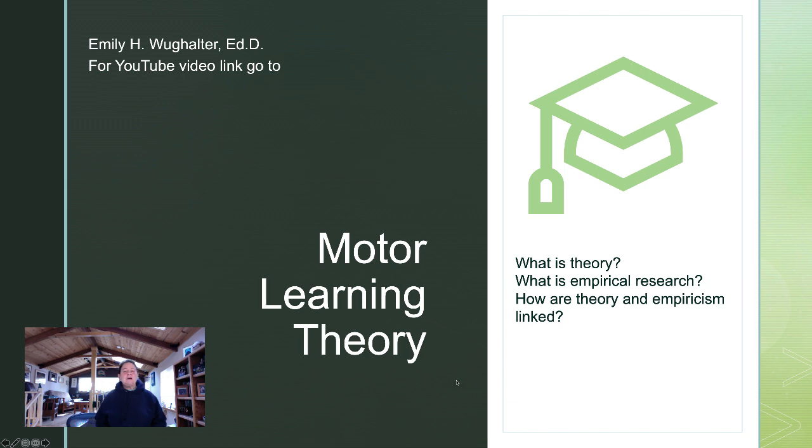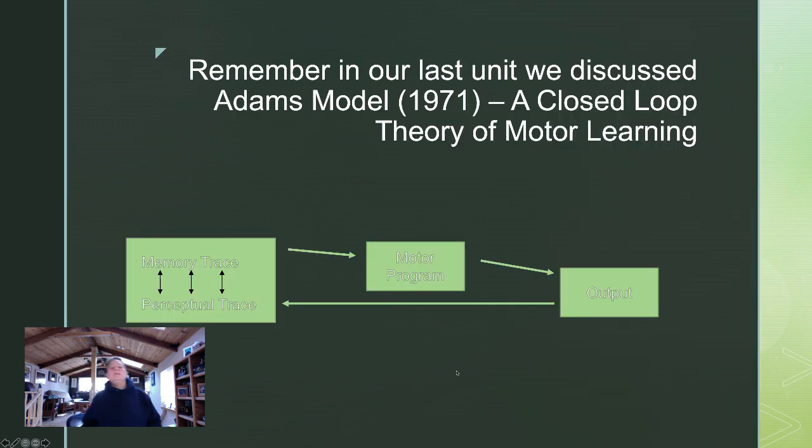In the case of Schmidt, he was looking at the understanding of the cognitive processes that underlie motor performance. So I want to remind you of Adams' model that we discussed in the last unit.